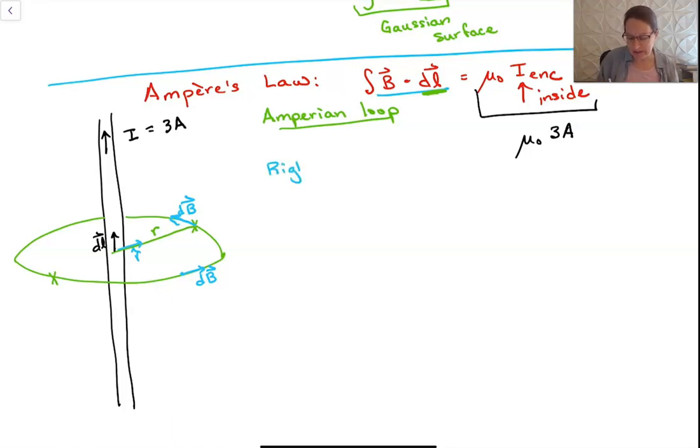It's connected to our cross-product right-hand rule, but this is a little easier. This is the right-hand rule. Let's try that again.